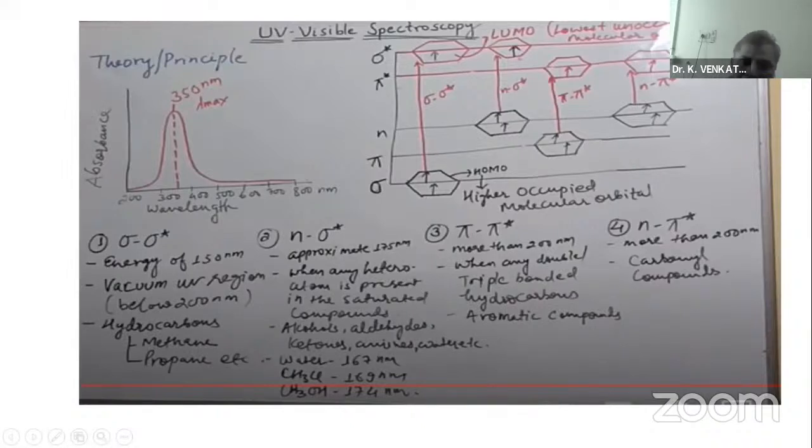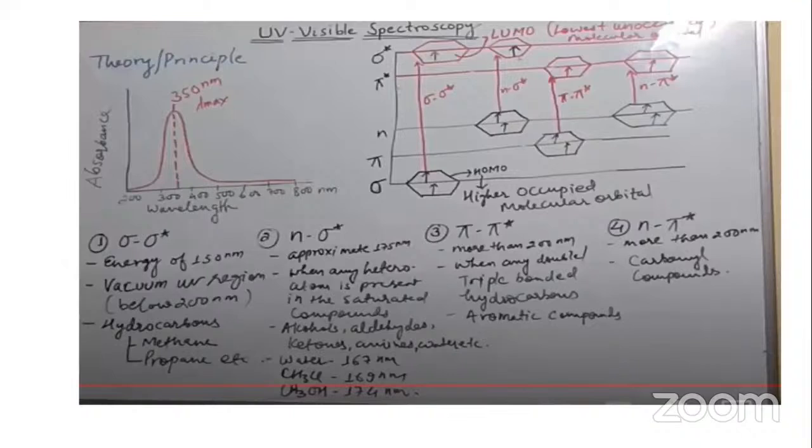Approximately in the range of 175 nanometers, when any heteroatom is present in saturated compounds, n to sigma star transitions occur. That is very important. Heteroatom presence in saturated compounds. N to pi star.